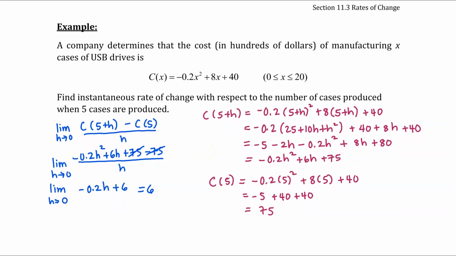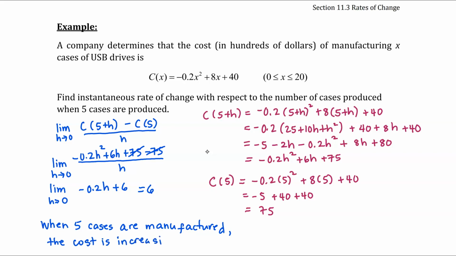Now, based on the context of this problem here, we say that when 5 cases, so that is when X is equal to 5, so when 5 cases are manufactured, the cost is increasing at the rate of 6, but the 6 here is in hundreds of dollars.